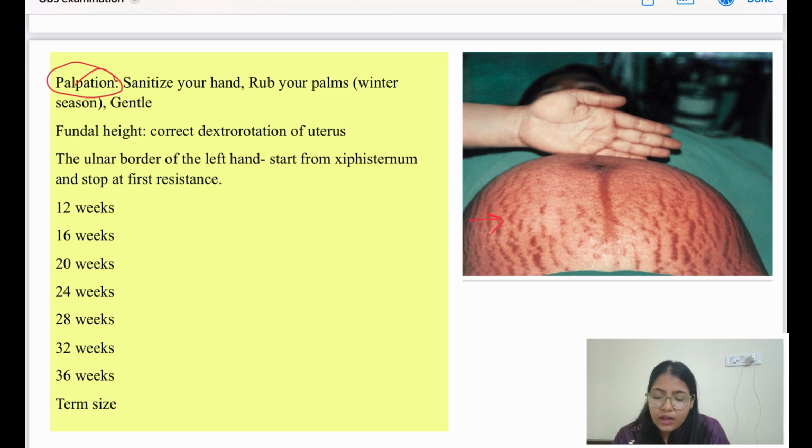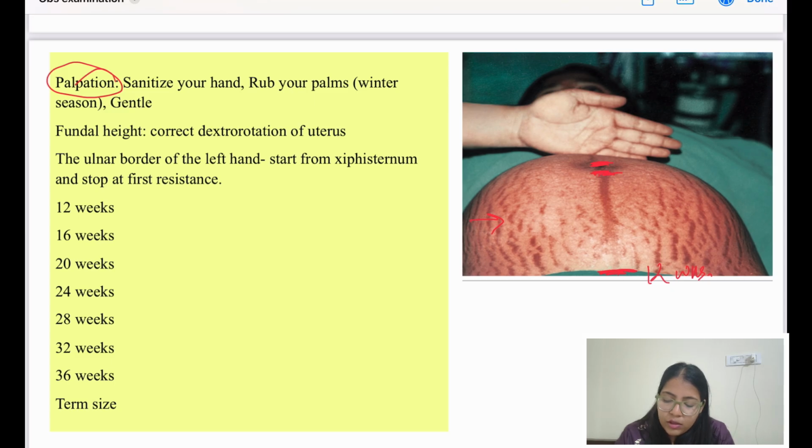So how will you know what the fundal height is at the point where you have stopped? So there are some rules. If you can palpate just above the pubic symphysis, it is 12 weeks. And there are two borders of the umbilicus, right, lower and upper.